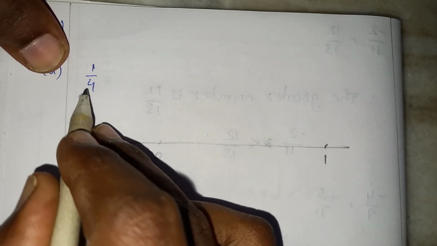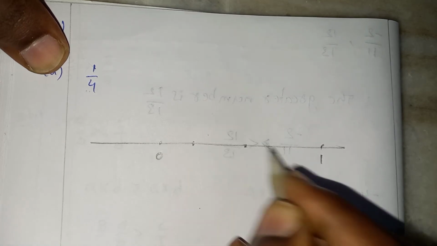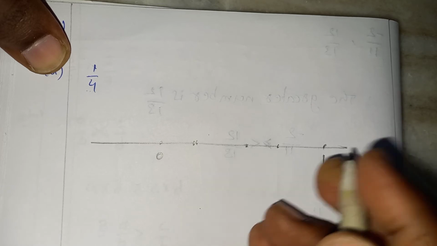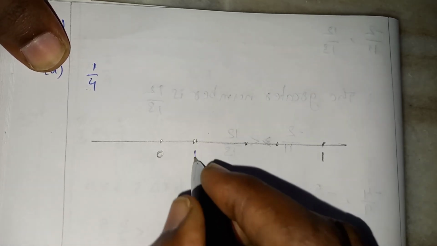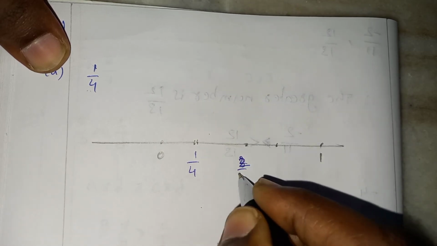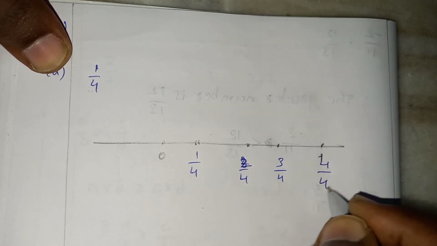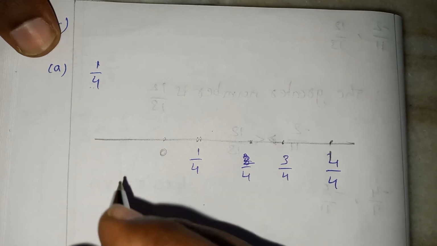They gave 4. That means we divide the number line between 0 and 1 into 4 parts: 1 by 4, 2 by 4, 3 by 4, and this will be 4 by 4, right?